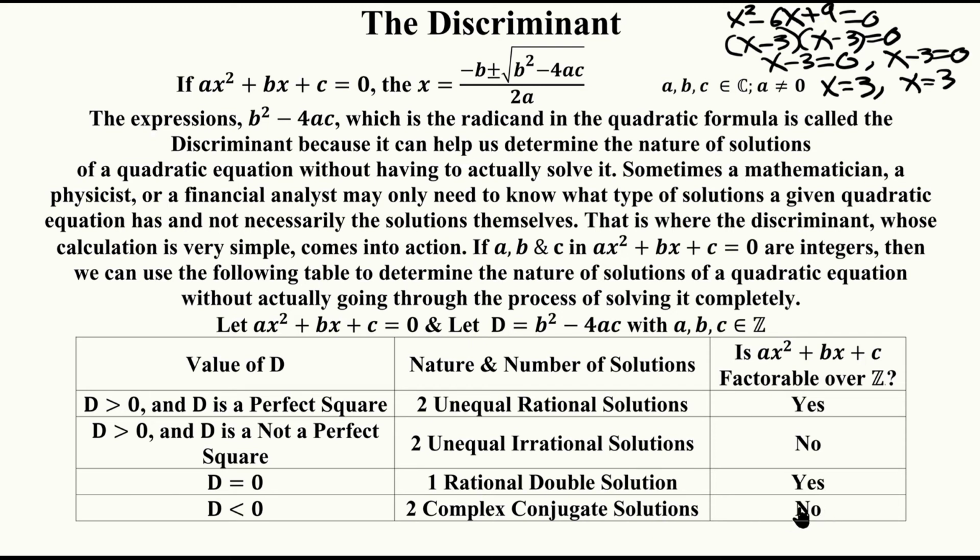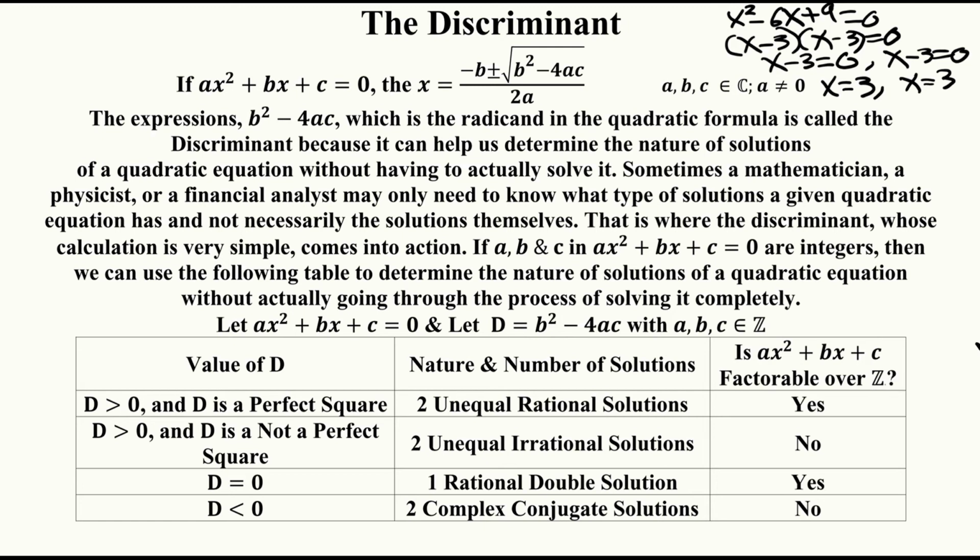And this again means that this expression here on the left side would not have been factorable over the set of integers. Of course, you'll find out in college algebra that all quadratics are factorable, except when we say no, we mean over the set of integers. So they're not factorable in an easy way, like x minus 5 times x plus 2.